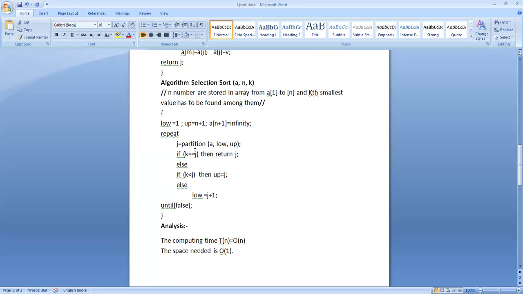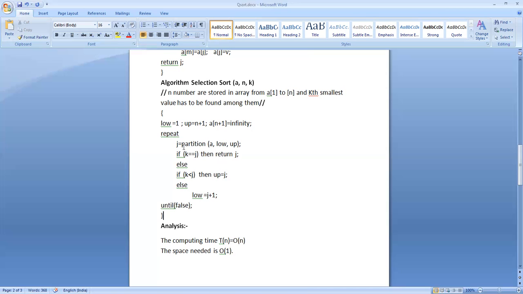What we do, j is equal to partition of A comma low comma up. From the first index up to the last index, you do the partitioning. What is the partitioning? The first value of the given values is the partition value, which is partitioned into two areas. So after the end of this statement, values less than the partition value are in the locations from A of 1 to A of j minus 1.